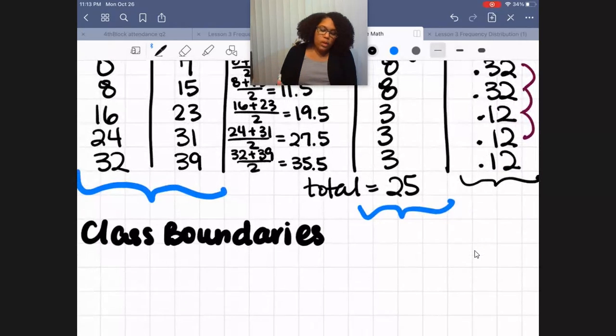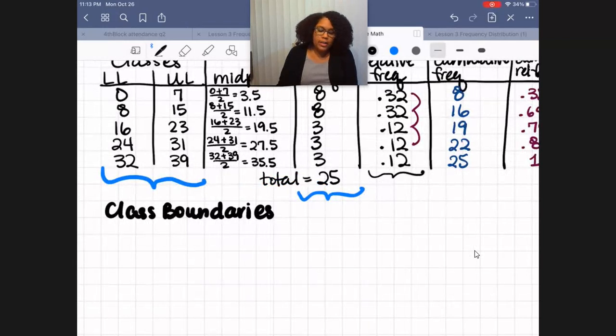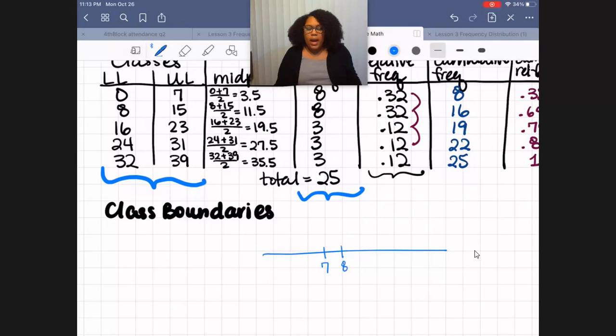So look at our class limits for our first class. It goes 0 to 7. Then our next class goes from 8 to 15. Well, if I'm on a typical number line here, and I've got 7 right here and then 8 right here, when I go to make these bar graphs, the bar that's at 7 would end up having a space between it and the bar that would start at 8.